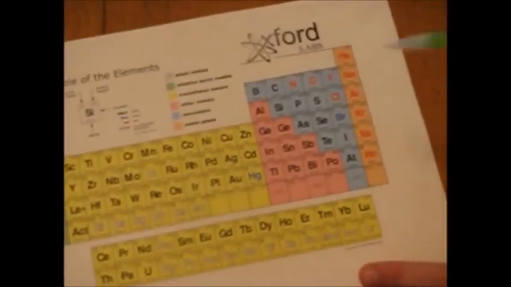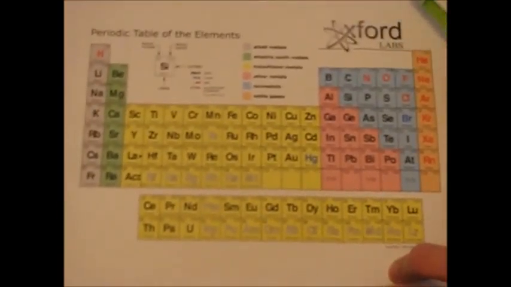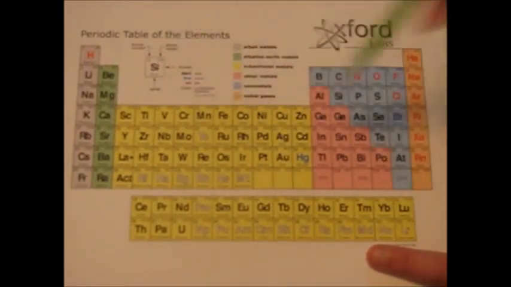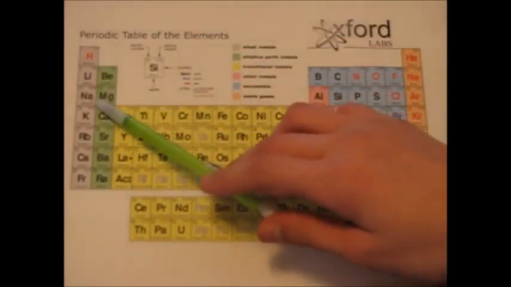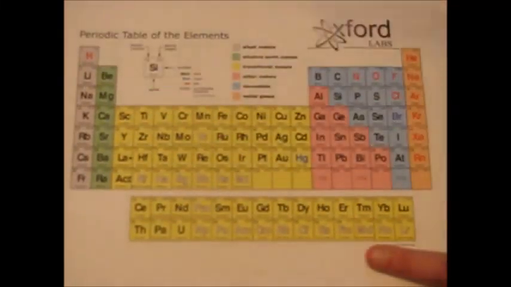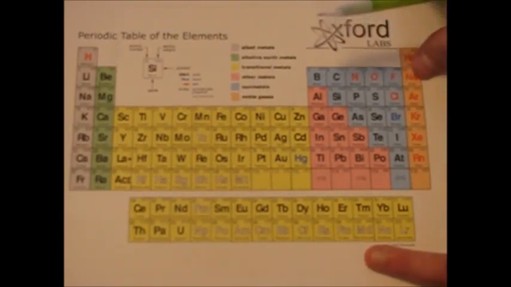Now on our table here, everybody wants to be like these noble gases. They want to have 8 valence electrons, and valence electrons are the number of electrons in our outer energy ring. Na here is sodium, and since it's in the first family, it's going to have 1 valence electron. Chlorine is a halogen, so it's going to have 7 valence electrons.